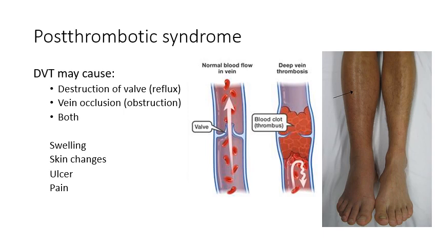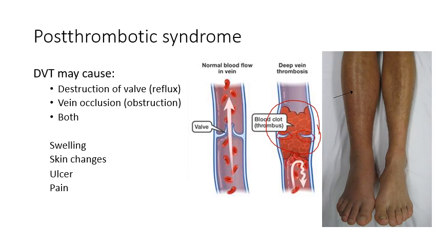Before we go on, I'm just going to mention the post-thrombotic syndrome. This is when you have a clot in the vein. It can be any deep vein that has a clot, meaning that the blood will not pass, and the clot might cause two things permanently. One is it might damage the valve, so the valve itself might be destroyed or leaky.